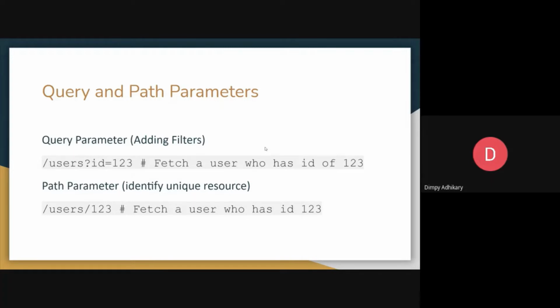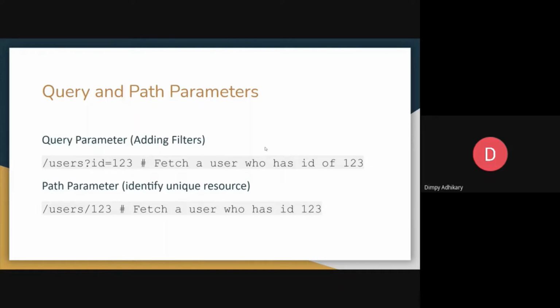Basically, a path parameter will give you a unique resource, a unique record. A query parameter also can give you a unique record, but it is like a filter. You can add more than one query parameter in your GET request, depending on your implementation.